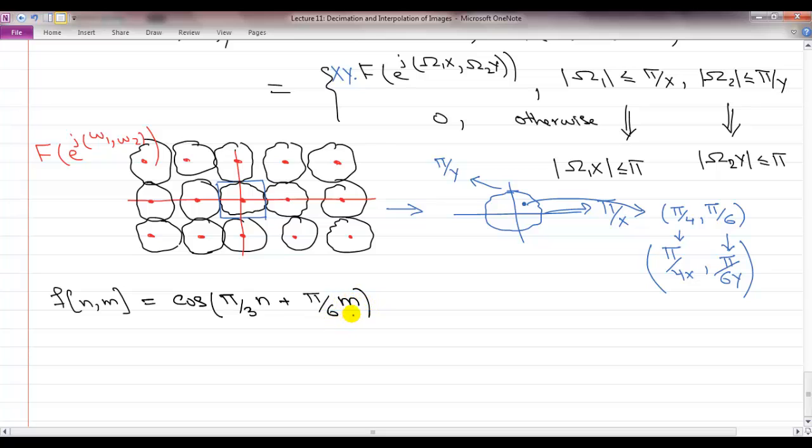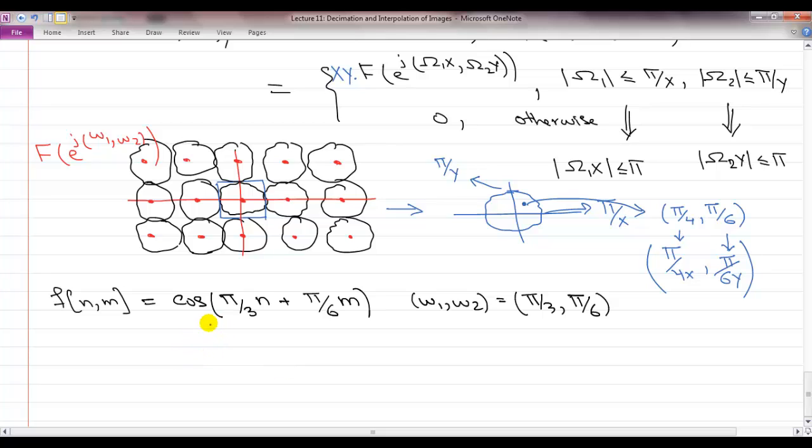So this is a 2D sinusoid which has frequency omega 1, omega 2 equal to pi by 3, pi by 6. Just one sinusoid. Its Fourier transform will be simply an impulse at pi by 3, pi by 6, and of course its conjugate locations.